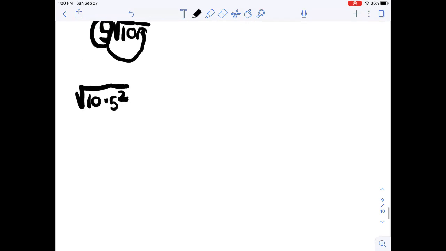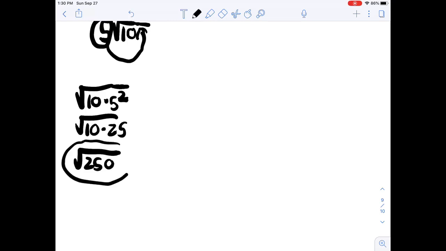So this is 10 times 25, and 10 times 25 is 250. And this is how you express 5 times the square root of 10 as an entire radical.